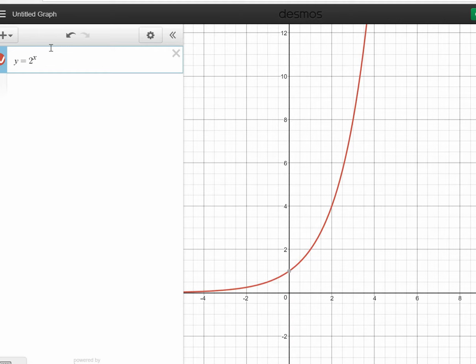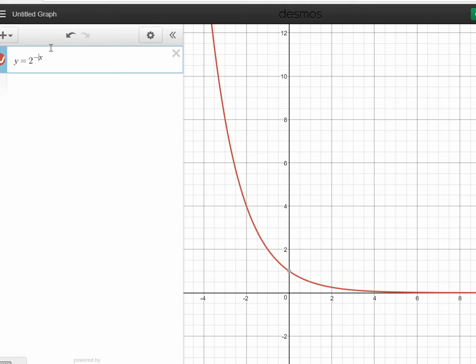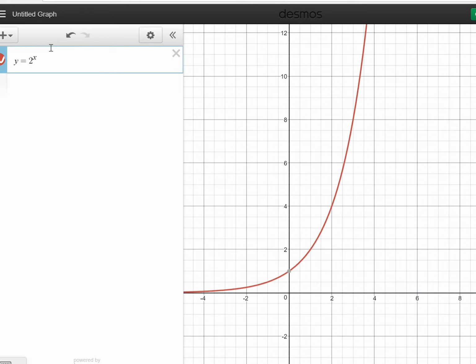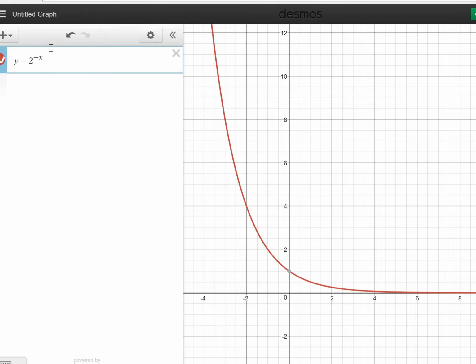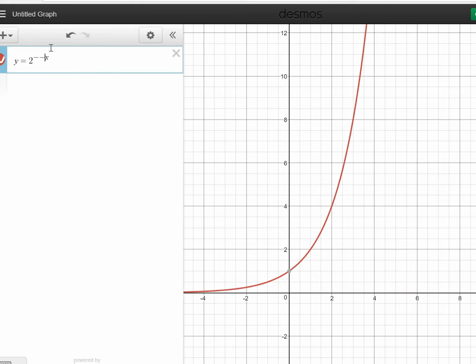So instead of y equals 2 to the power of positive x, what happens when it's a minus? We notice that it flips about the y-axis, because every value of x that was positive is now negative and vice versa. So changing the sign of the power flips our graph, or mirrors it about the y-axis.